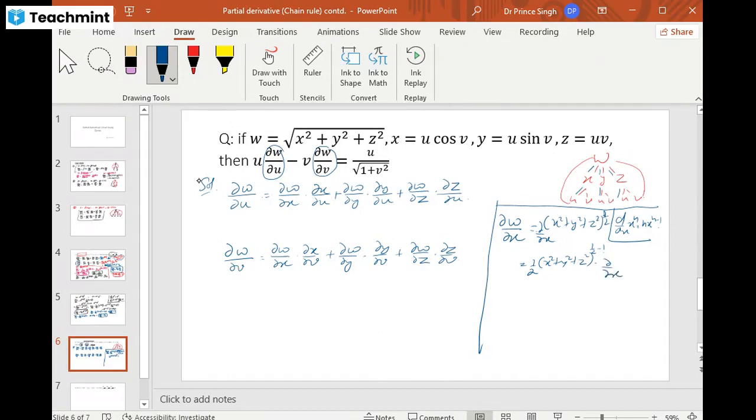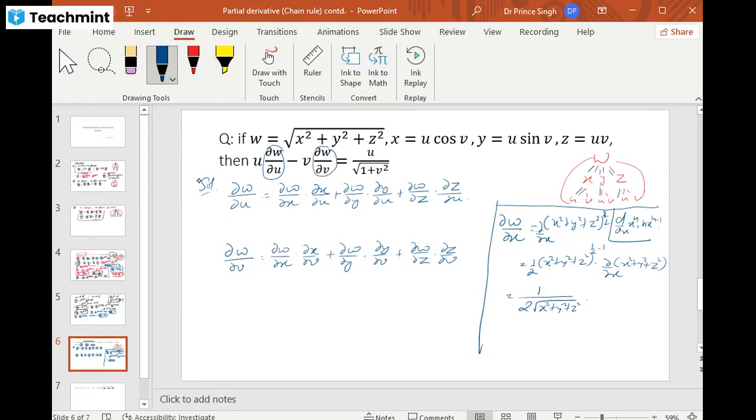∂/∂x of (x² + y² + z²). So this is equal to 1 upon 2 times the square root of x² + y² + z², because the power is minus 1/2, which means in the denominator we have the square root of this function.